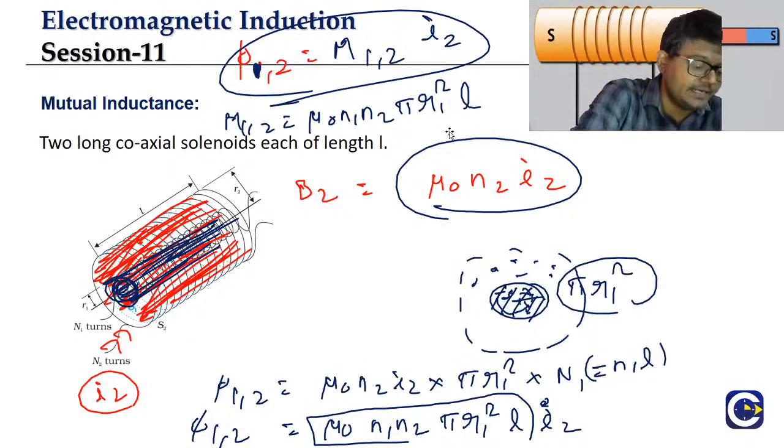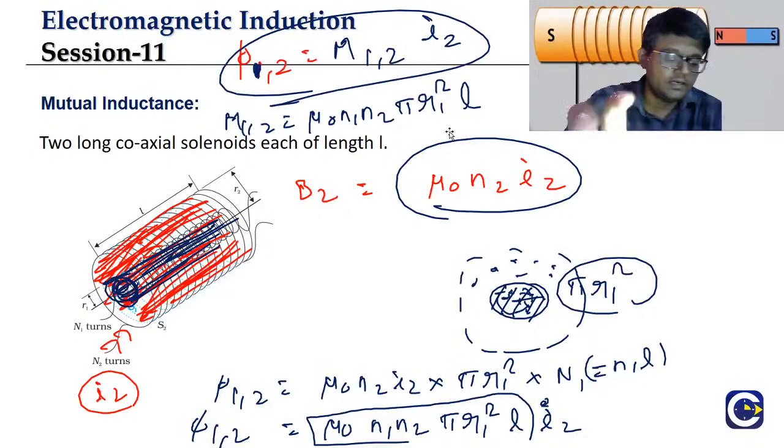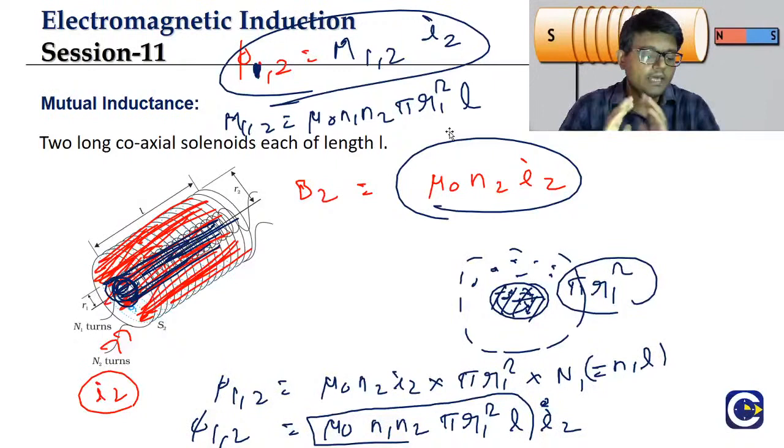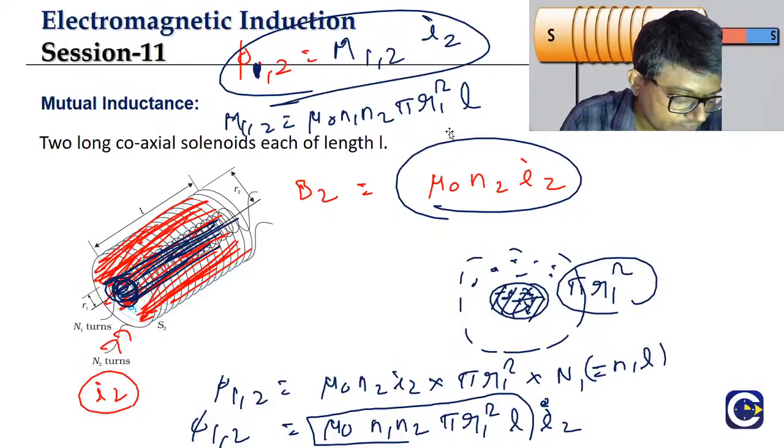And as I said, we are doing the derivation for one particular case of two coaxial solenoids.